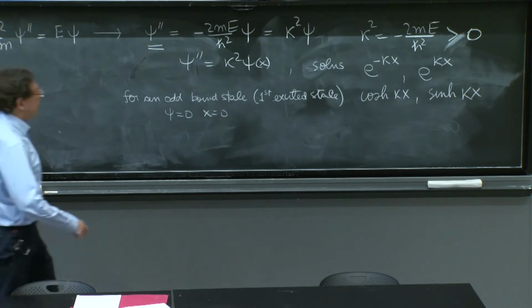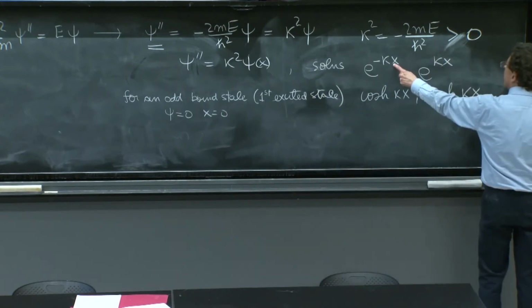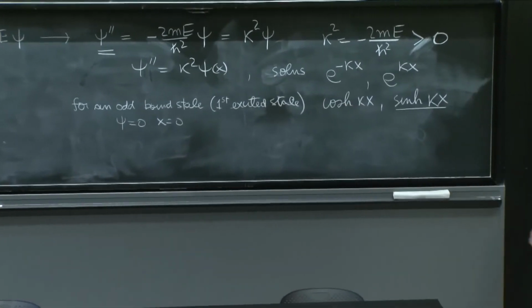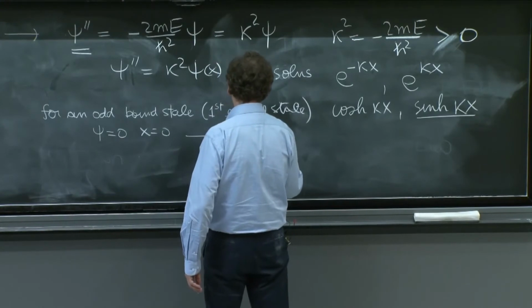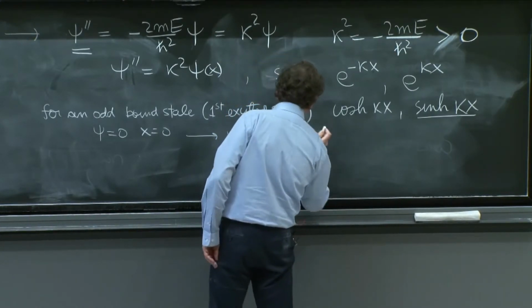And the way to do that would be to have a sinh, because the exponentials don't vanish at 0, and cosh doesn't vanish at 0. So you would need psi of x equals sinh of kappa x.